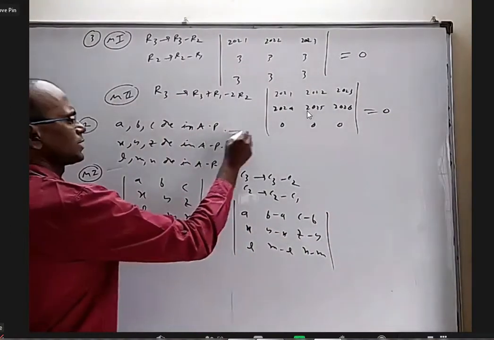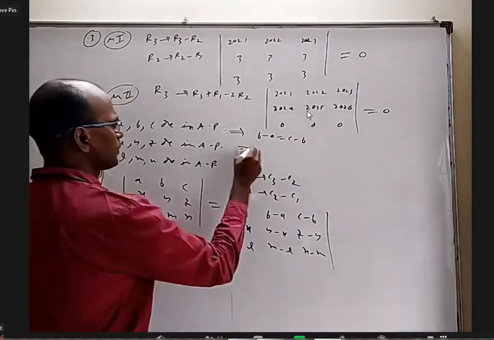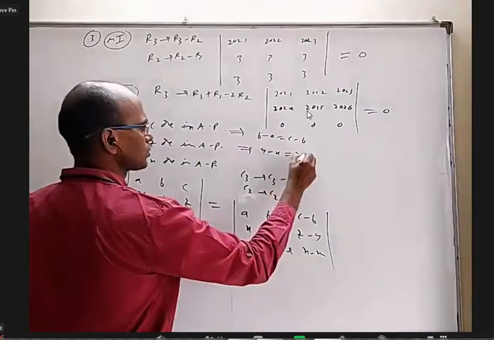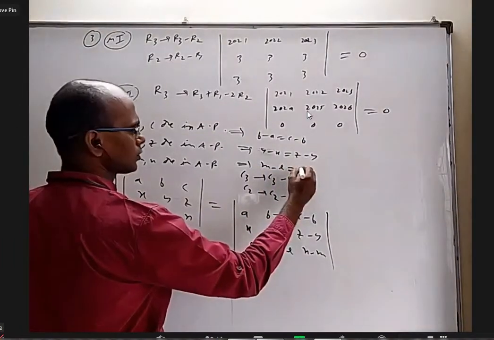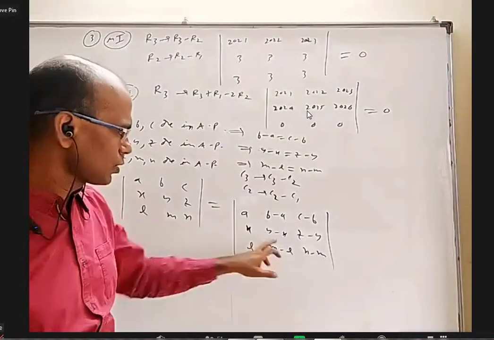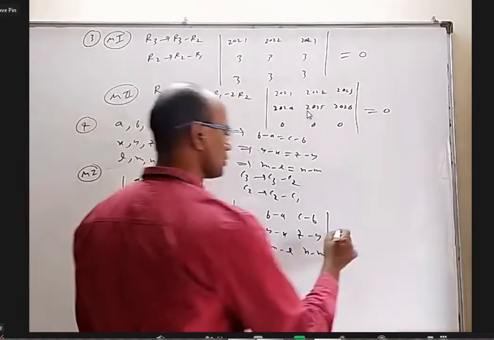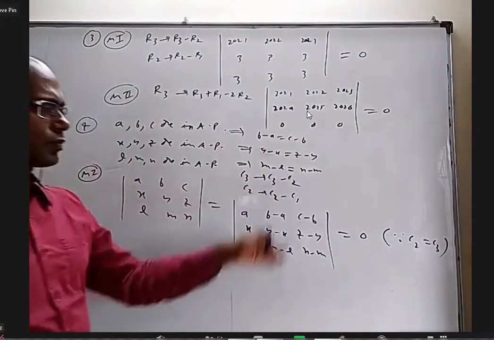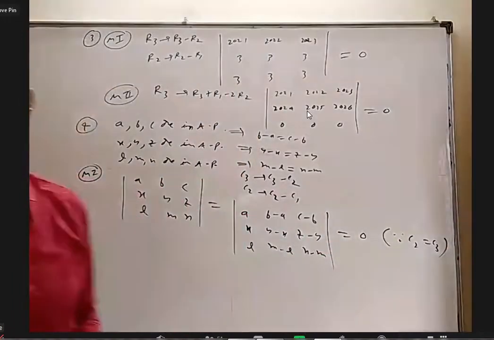In fact, right here I can write B minus A is equal to C minus B. Here I can write Y minus X is equal to Z minus Y. And here I can write M minus L is equal to N minus M. These two are the common difference of the first AP, these two are the common difference of the second AP, these two are the common difference of the third AP, but they're equal. So it is equal to 0 since column 2 equals column 3. If you want, you can write two columns are equal. C2 means not element C2, but column 2 equal to column 3.